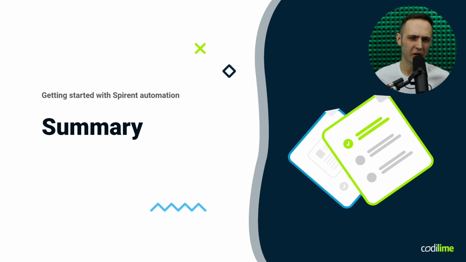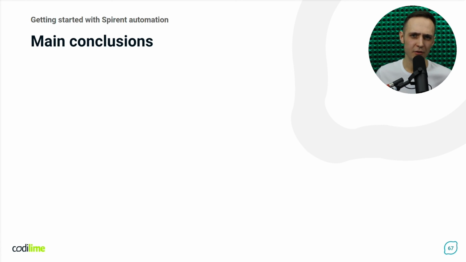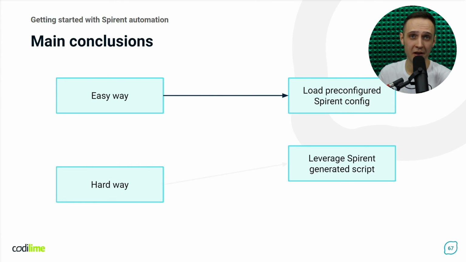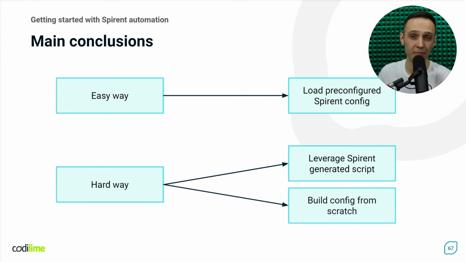The life of a network engineer isn't as easy as it might seem, but after you get familiar with the examples presented above, adding more on top of that becomes much easier. So if you are not aiming for scalability, you can take the easy way and load a pre-configured Spirent config, or go with the hard way and leverage the Spirent generated script or build your config from scratch.